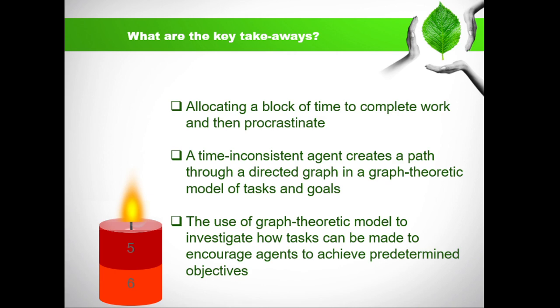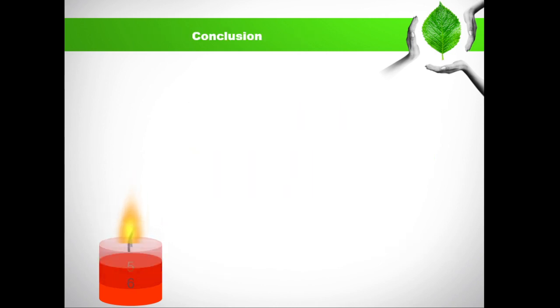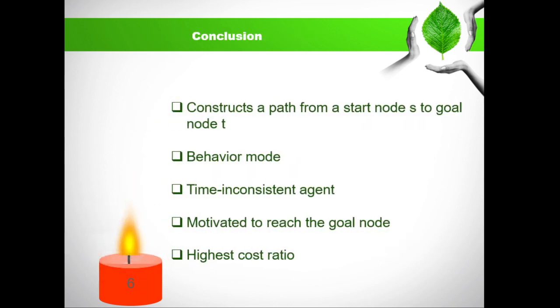The graph theoretic model is used to investigate how tasks can be designed to encourage agents to achieve predetermined objectives. So an agent constructs a path from a start node S to a goal node T in an underlying graph G that represents a sequence of tasks in our graph theoretical model.